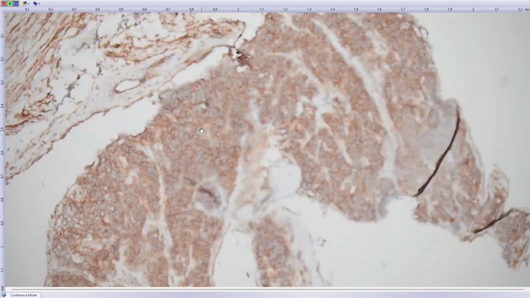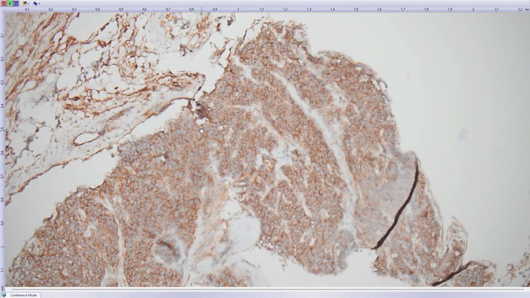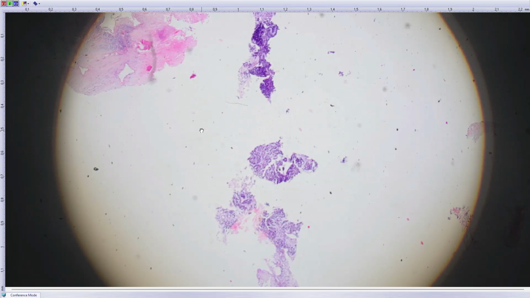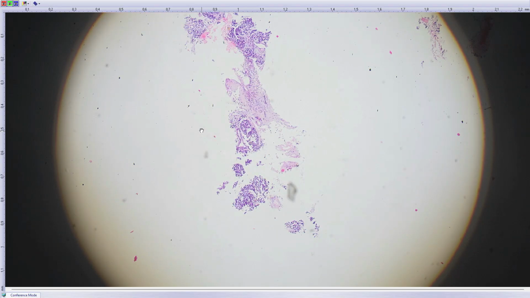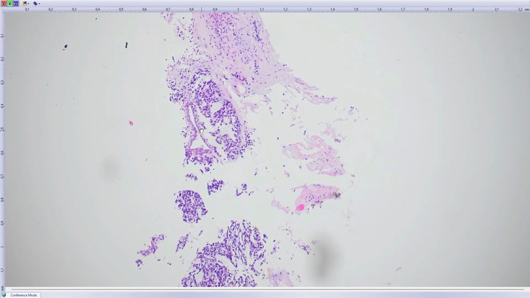So diffuse membranous positivity basically just says it can be Ewing sarcoma. If it's negative or not like this, you can forget the diagnosis pretty much. But if it's like this, it's not 100% sure that this is Ewing sarcoma. It just makes the diagnosis possible.